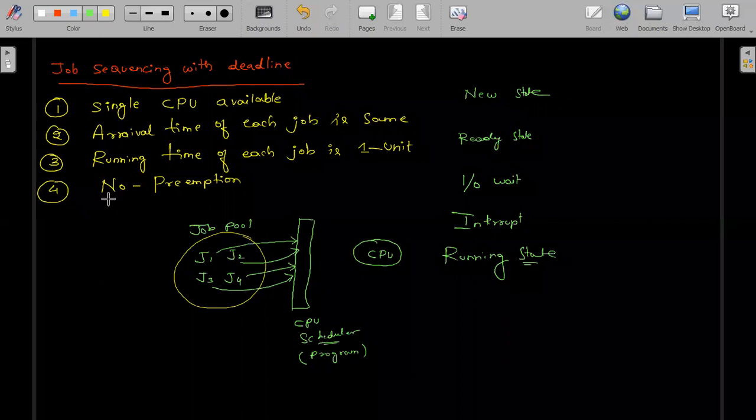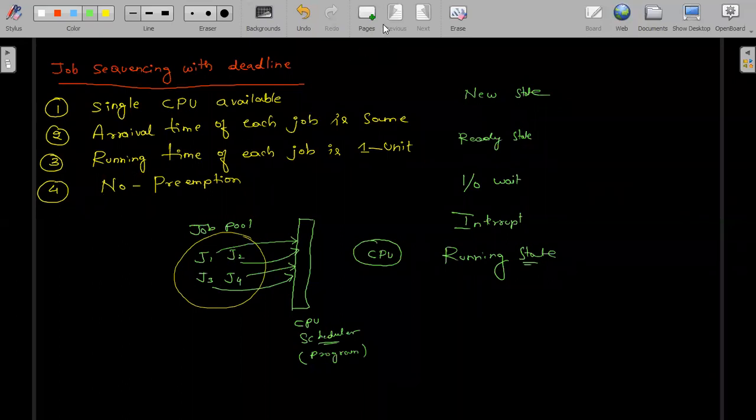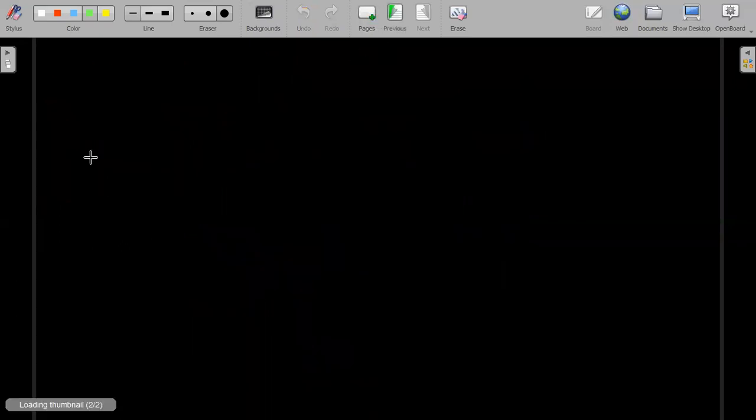Now, for example, what I'm doing here, suppose think like that. There is a state called the ready state. Here there are a number of jobs which are available.